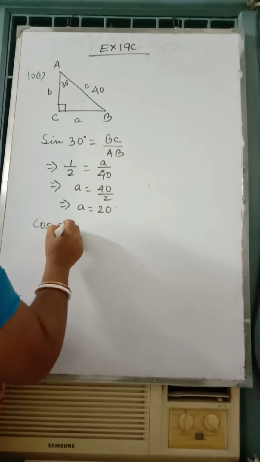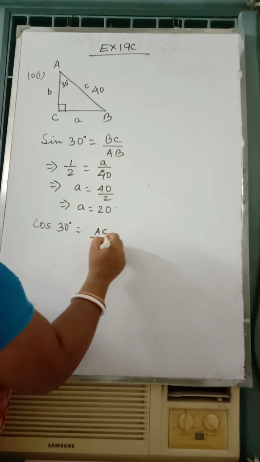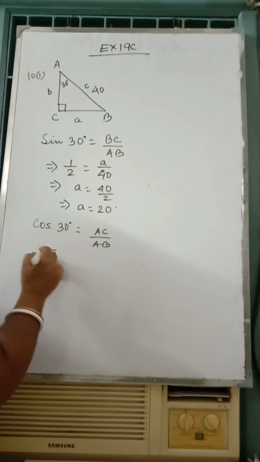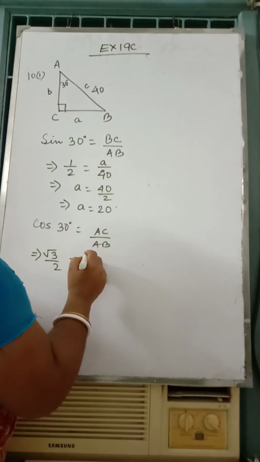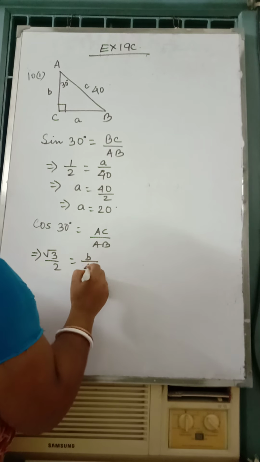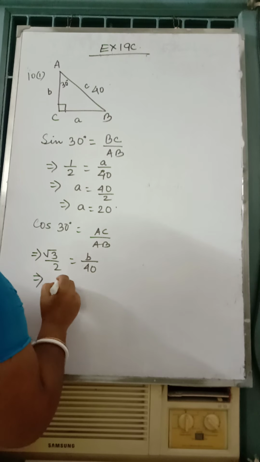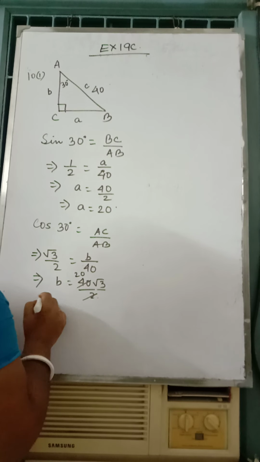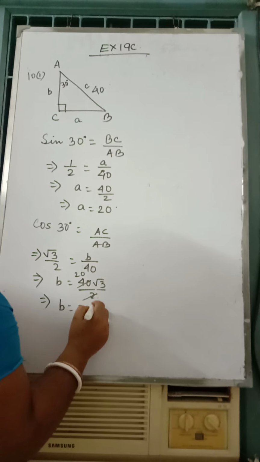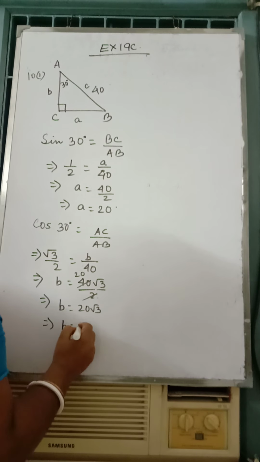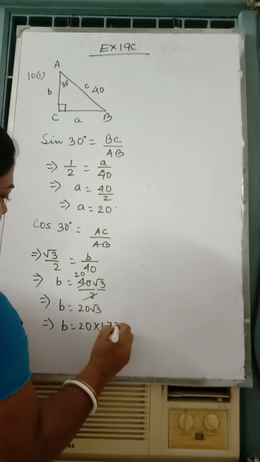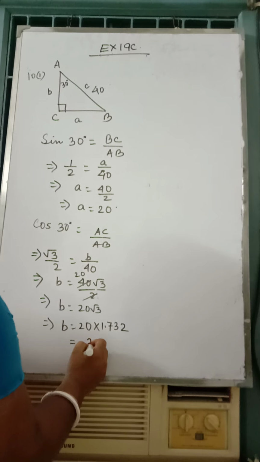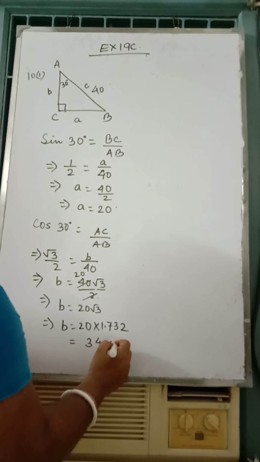Cos 30 degree is equal to AC by AB, or cos 30's value, root 3 by 2, is equal to b by AB, and AB is 40, or b is equal to 40 root 3 by 2, or b is equal to 20 root 3, or b is equal to 20 into 1.732, which gives you 34.64.